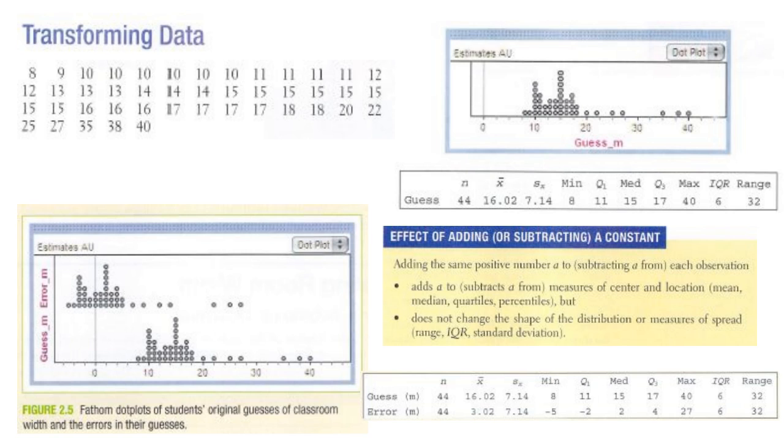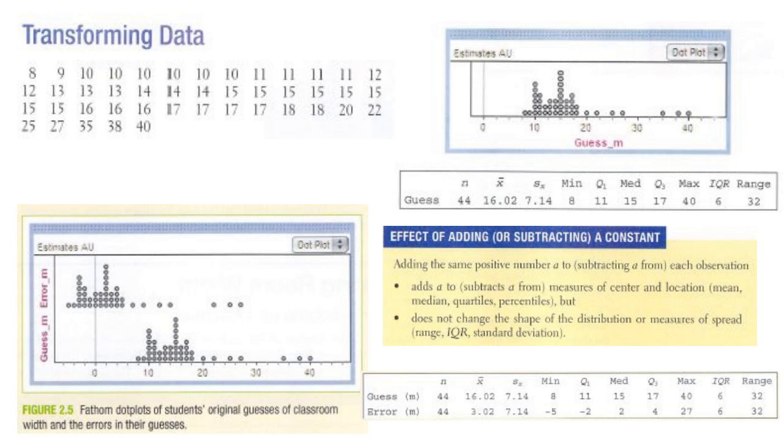So maybe we need to transform that whole data set into a Celsius measurement instead of Fahrenheit. Then we would be manipulating that data set by the same constants all the way through. So what we need to be able to realize is what happens to the distribution of the data set when we manipulate it by a constant.